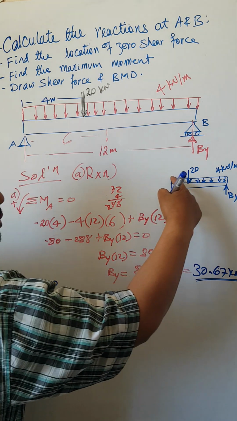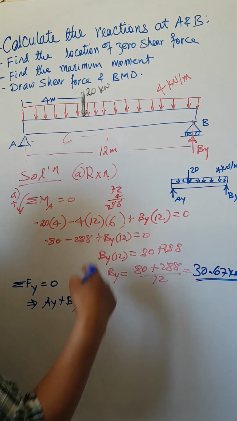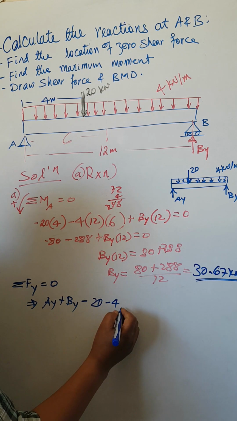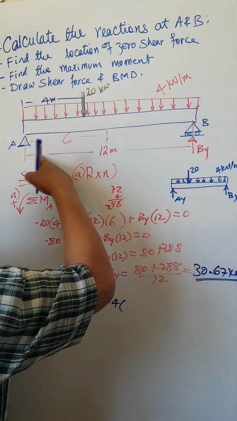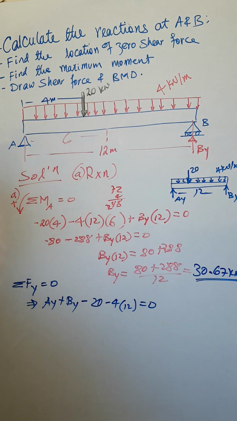Area is length times width: 4 kilonewton per meter times the width, 12 meters. This is equal to 0.